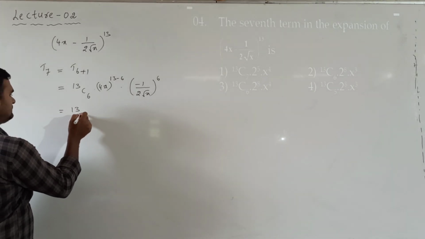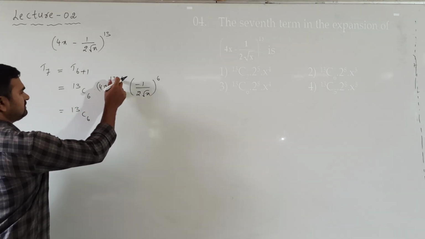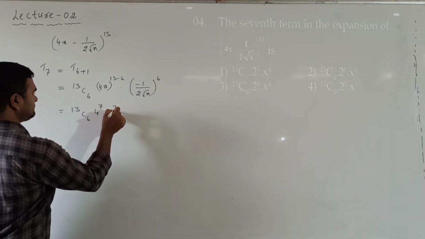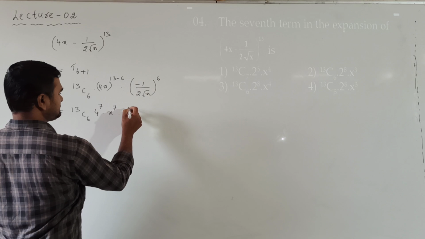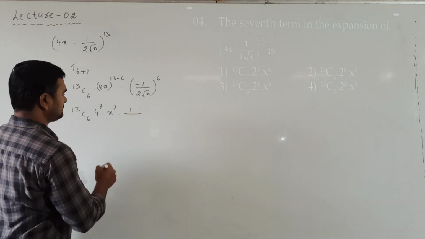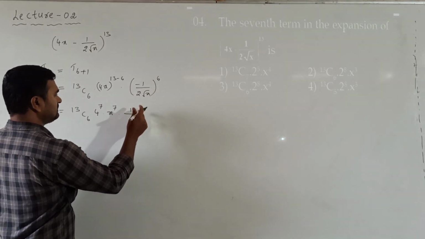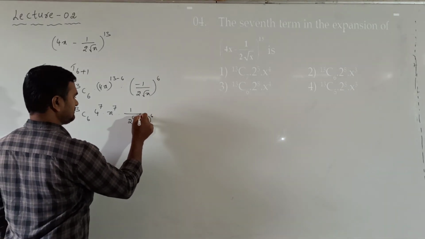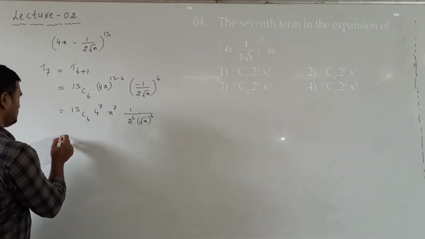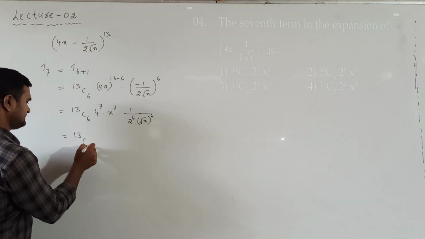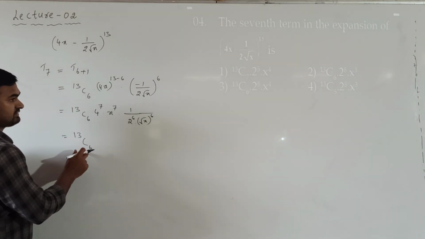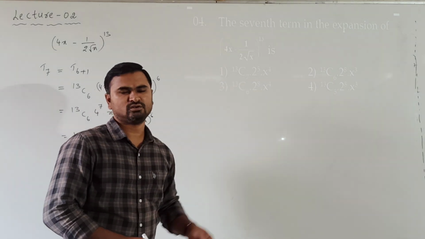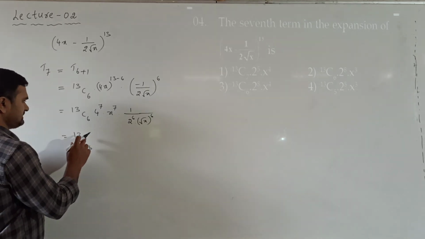So 13c6, 4 power 7 into x to the power of 7, minus 1 power 6 is positive, 2 power 6 root x power 6. No need to expand 13c6 because the options are given in terms of nCr only.